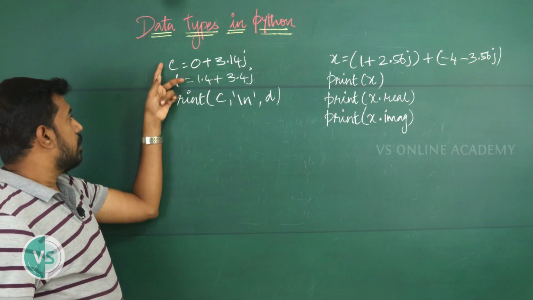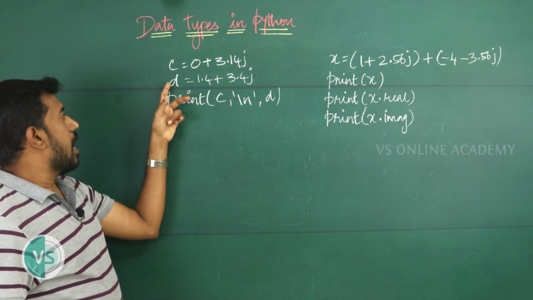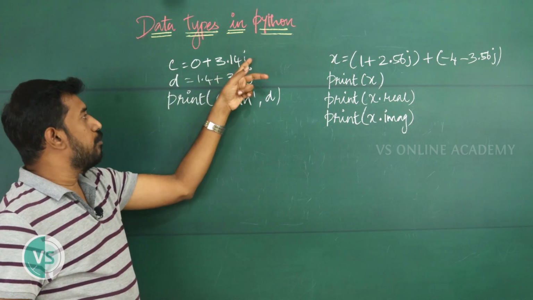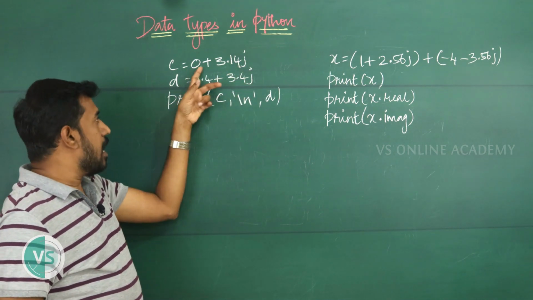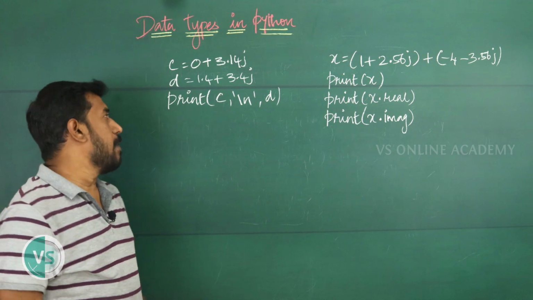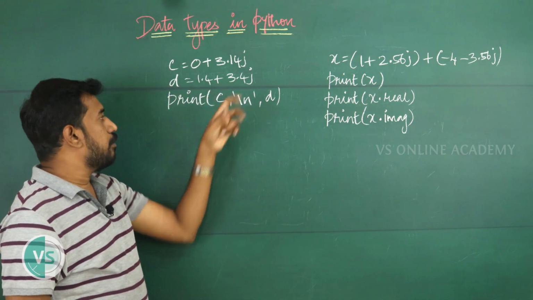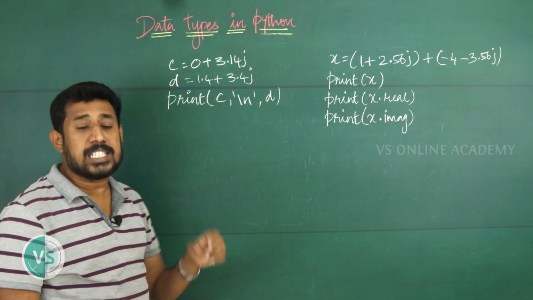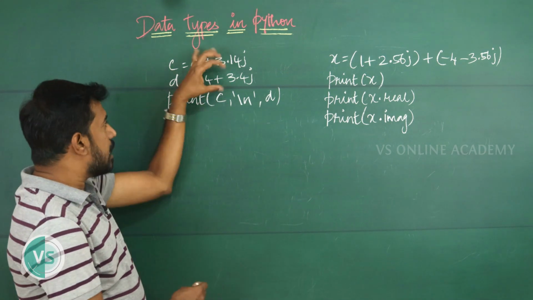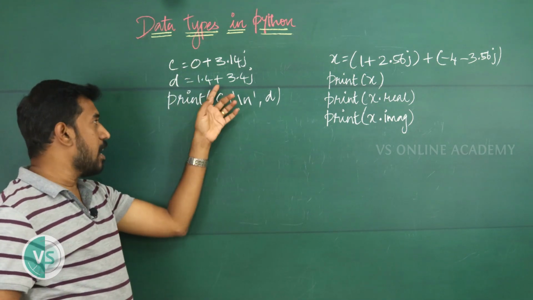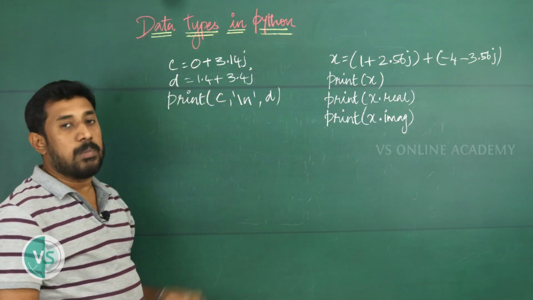Look at these examples. Two variables are there, c and d, and the value of c is 0 plus 3.14j. That means real as well as imaginary part. Here too, d is equal to 1.4 plus 3.4j, real as well as imaginary part. Take these two variables as an example. The real part is 0 here, but here the real part has the number 1.4.